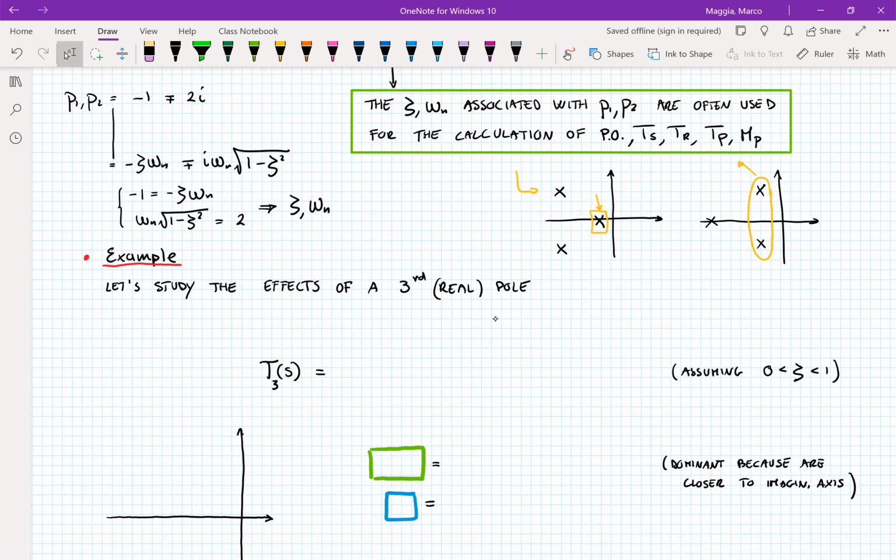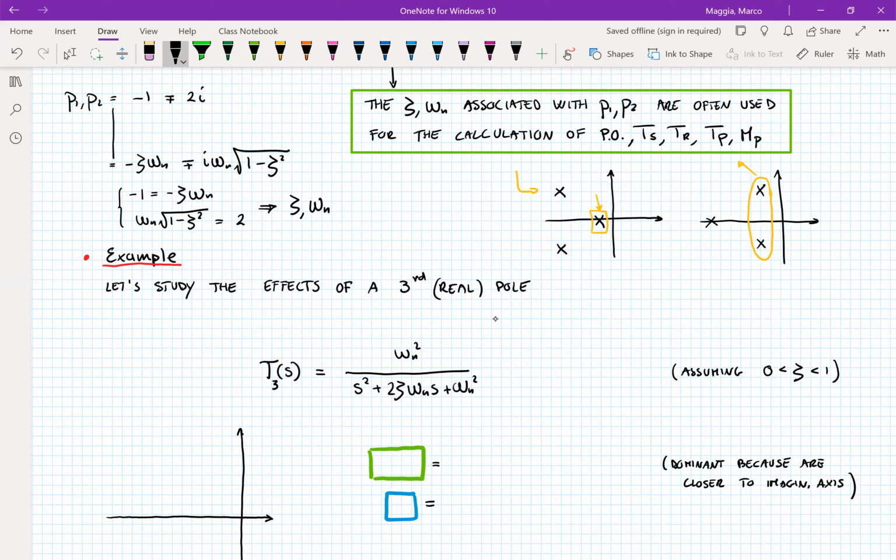And this is exactly the effect of the third pole. So if we had a second order system defined as usual with omega n squared over s squared plus 2 zeta omega n s plus omega n squared.